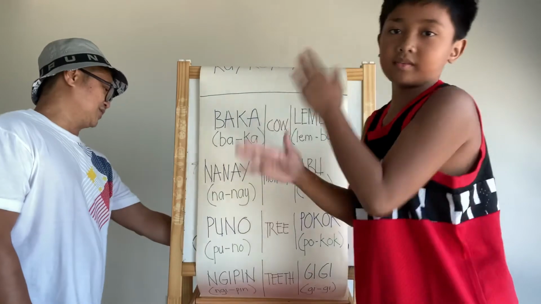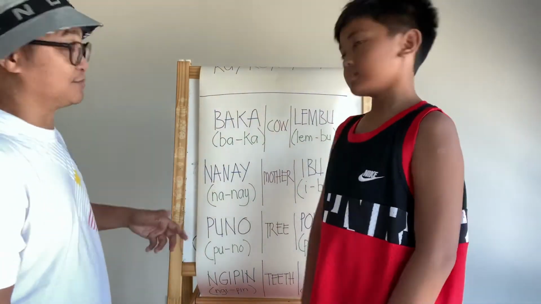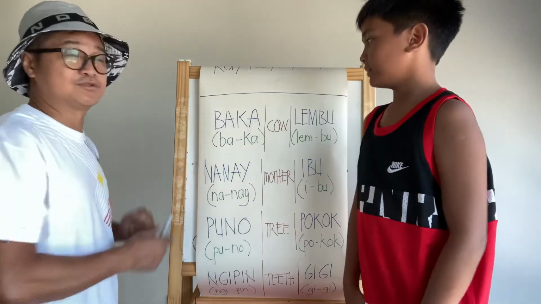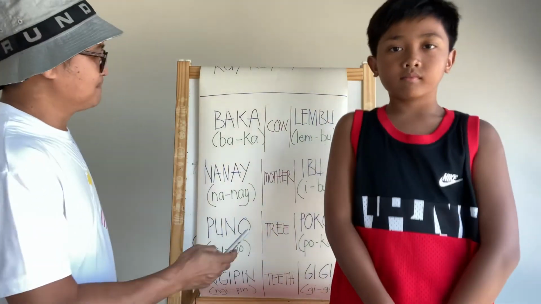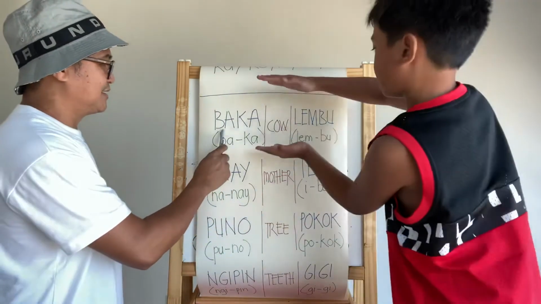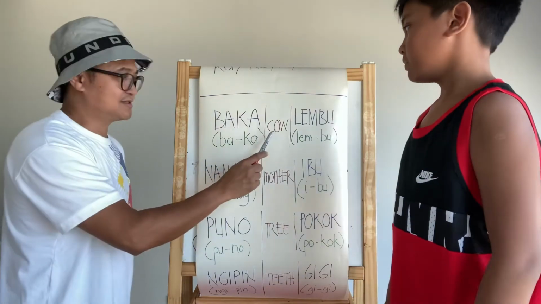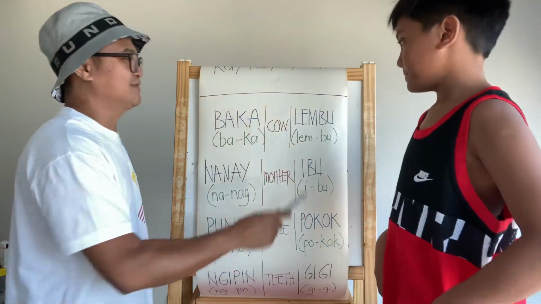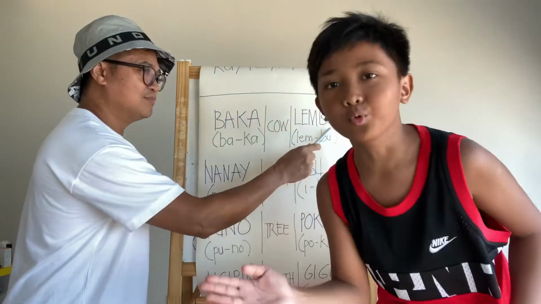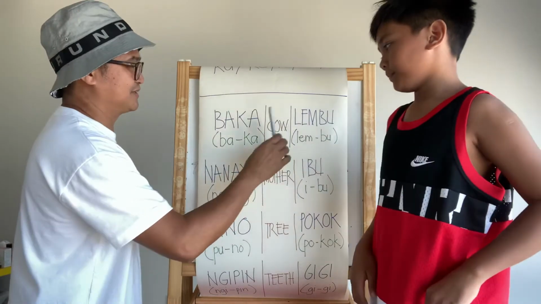The first word we wanted to share with you, since we just went through the consonants and the vowels, is baka, which means cow in English. In Bahasa Malaysia, it is lembu. Easy. Like I said, they use the same calligraphy.